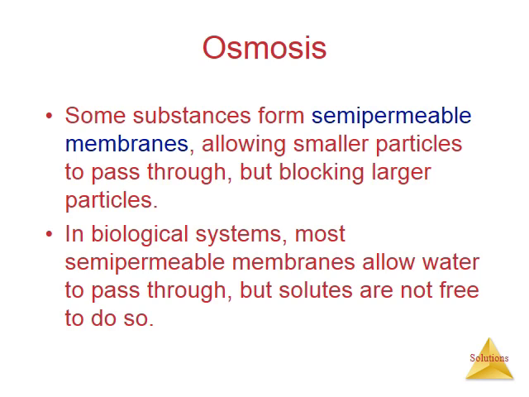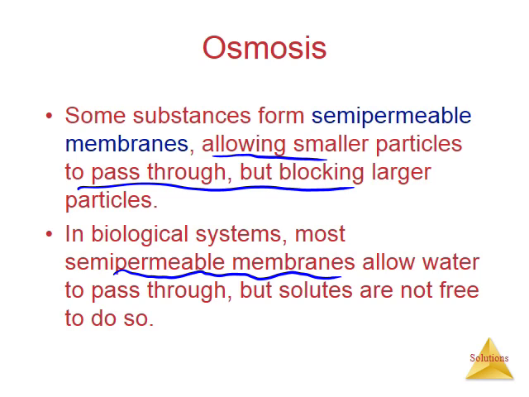Now osmosis. Some substances form semi-permeable membranes which allow smaller particles to pass through but block larger particles. In biological systems, most semi-permeable membranes allow water to pass through, but solutes are not free to pass through these kinds of membranes.